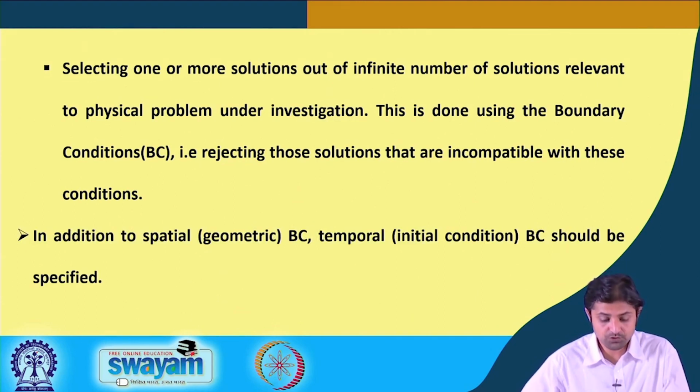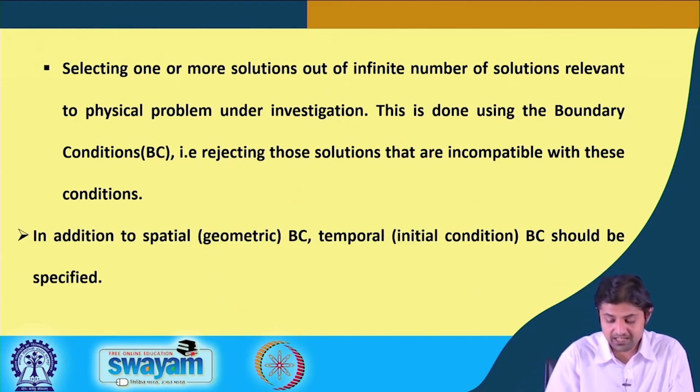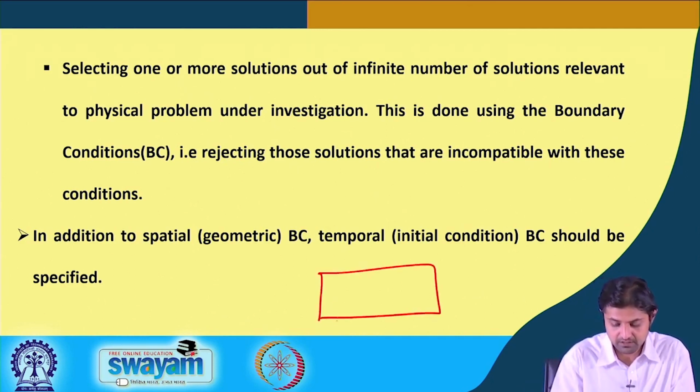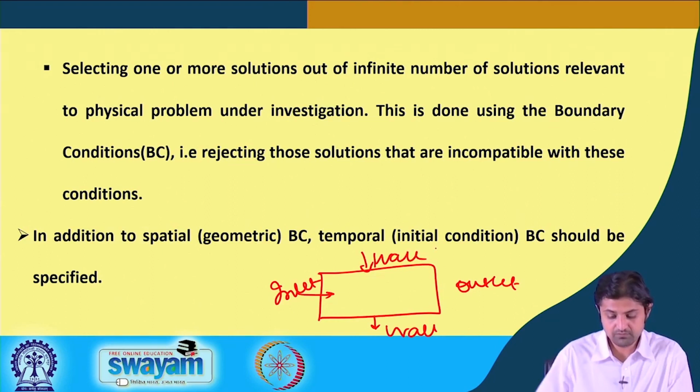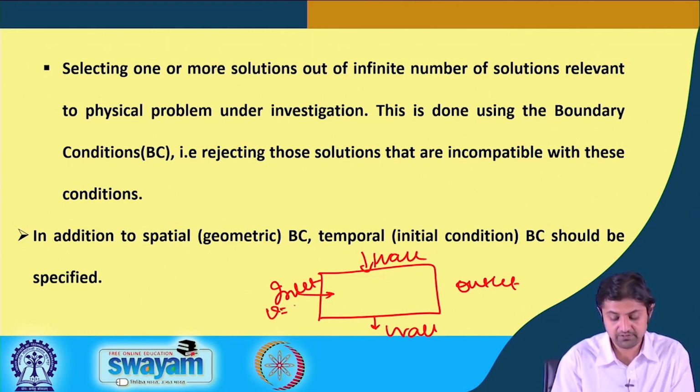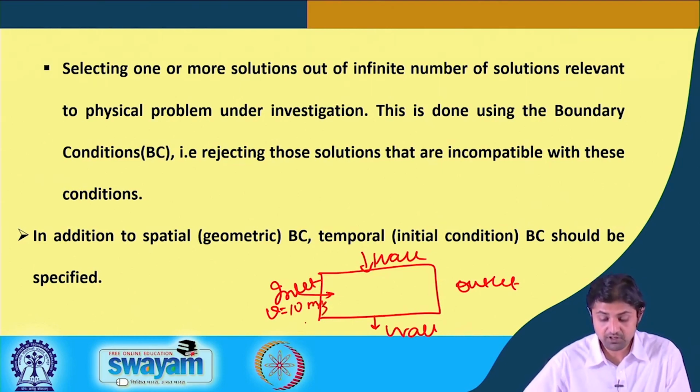Now, in addition to the spatial boundary condition, as I said, this is, let us say, inlet, outlet, wall, for example. So inlet here where velocity is given, like 10 meters per second or something. Apart from this, these are called the spatial or geometrical boundary conditions, but there will also be a temporal boundary condition.